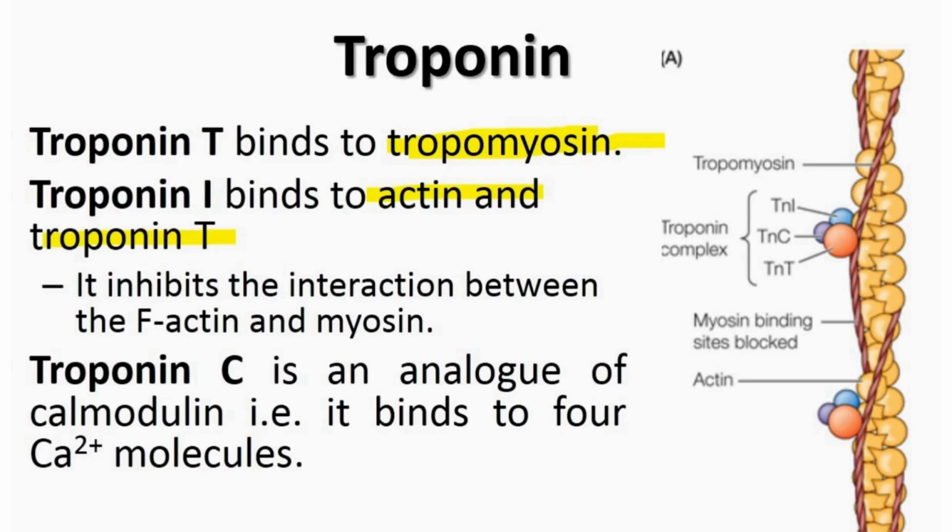Again, when you talk about troponin I, it binds to actin and troponin T, and after binding it inhibits the interaction between F-actin and myosin.